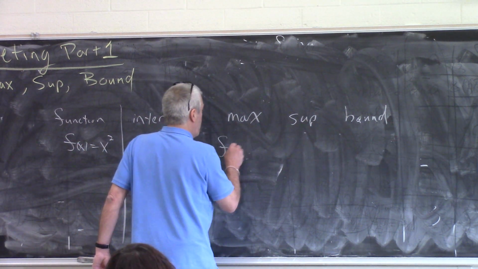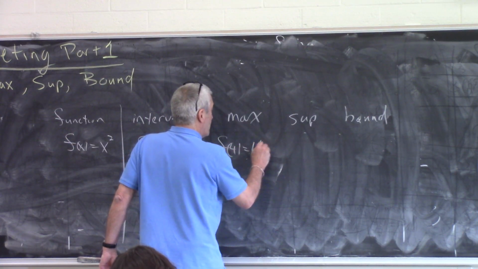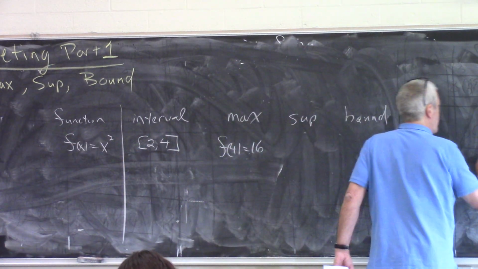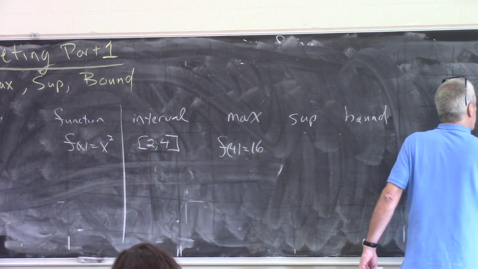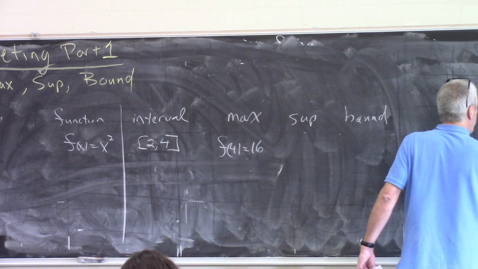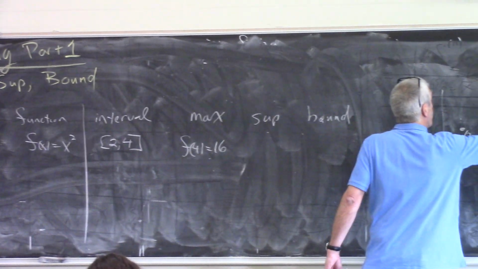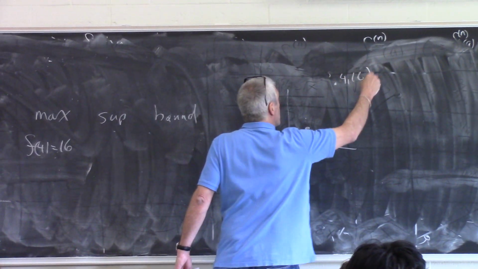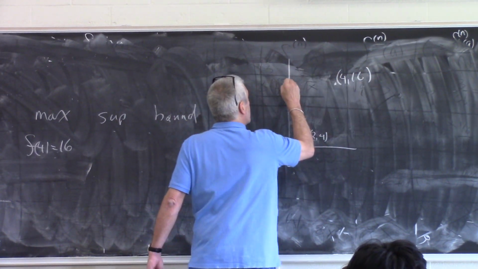So it's f of 4, which is 16. So you could think of this graph: it goes through (2, 4), goes through (4, 16), and the max is achieved there.